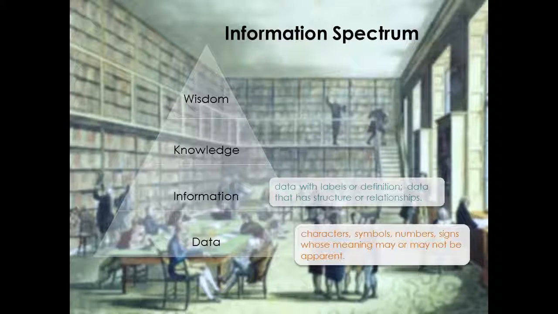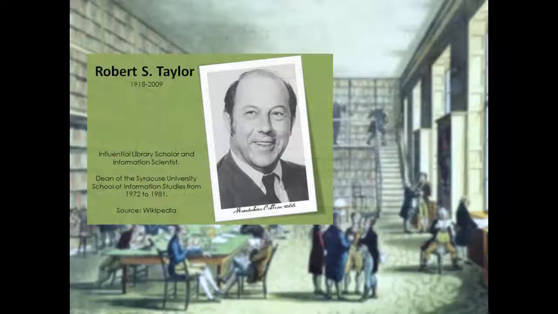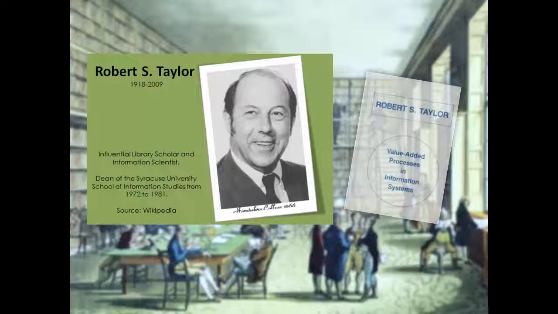That is, data with structure or relationships. Knowledge is collected, combined, organized, and processed information for a purpose. Wisdom is knowledge over time and knowledge without thinking. The concept was first introduced by Robert Taylor in his book Value-Added Processes in Information Systems as a value-added spectrum.